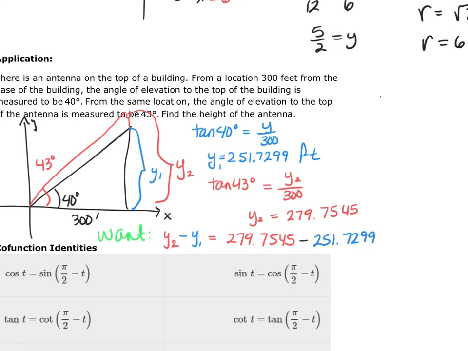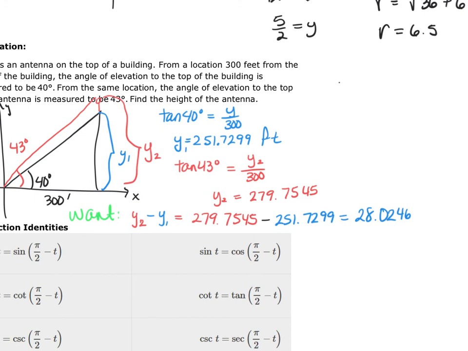I'm going to subtract off those two numbers, and the height of my antenna, which is the answer that I want, is 28.0246 feet, and that's my final answer.